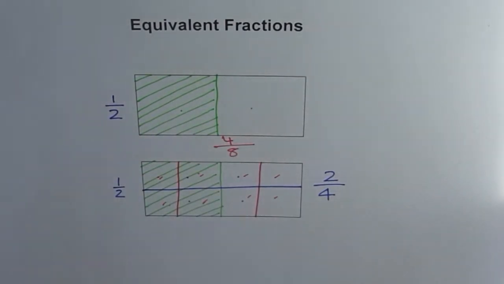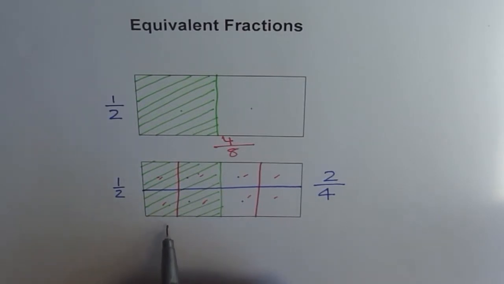Correct. Are 4 over 8 and 2 over 4 equivalent? Well, the numbers are different, but the shaded portion is still the same, right? Yes, so they must be equivalent.